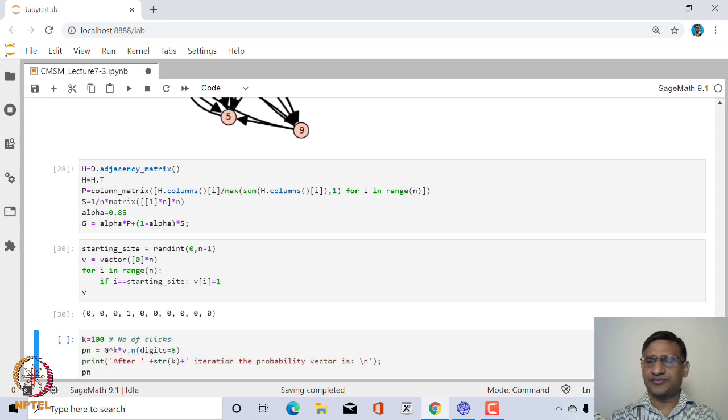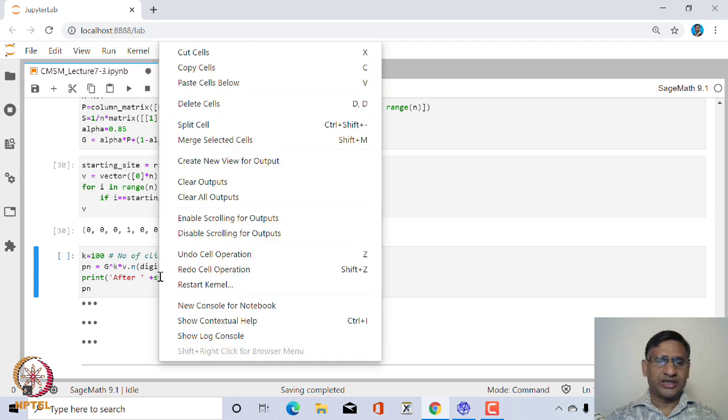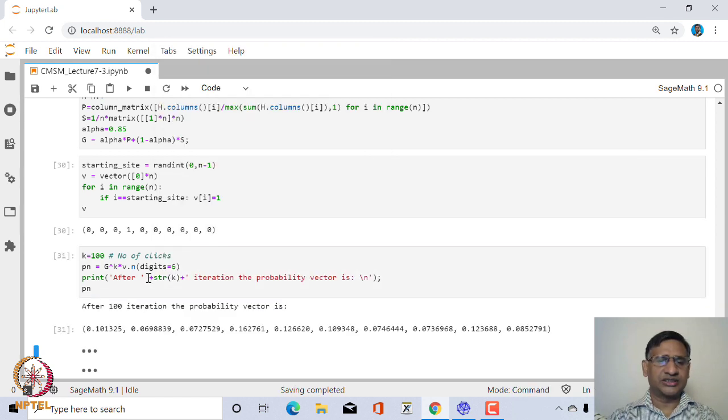Now let us find out what happens after 100 clicks. So after 100 clicks, this is what you get. This is the probability of each of these websites, and if you look at the one which has the maximum probability, that is the website which will appear first.